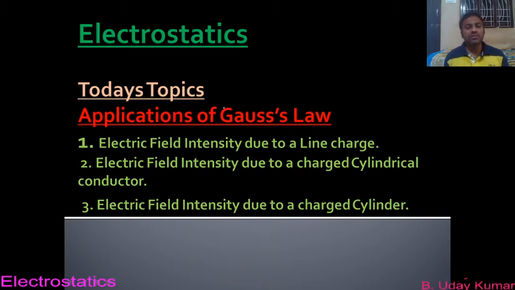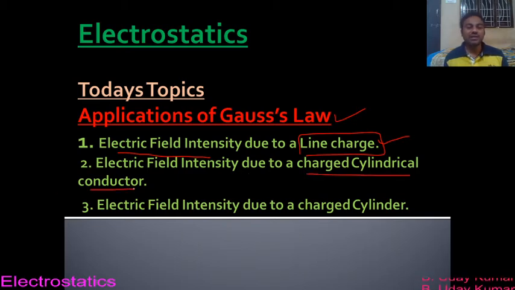By using Gauss law, today we will try to determine the electric field intensity due to a line charge of infinite length, and also the electric field intensity due to a charged cylindrical conductor, and if time permits, we also cover the electric field intensity due to a charged cylinder.